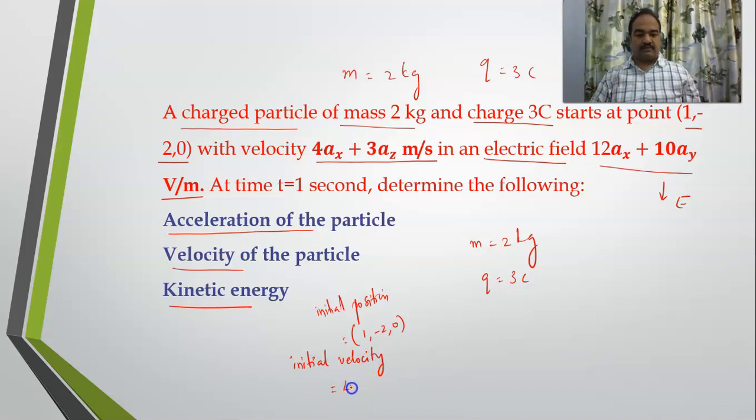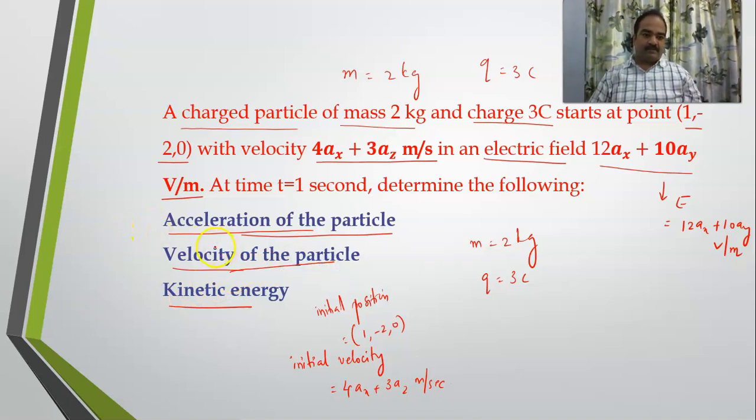It is 4ax plus 3az meters per second. And he has already given E, which is 12ax plus 10ay volts per meter. And he wants to determine the acceleration of the particle at time t is equal to 1 second and also velocity of the particle.